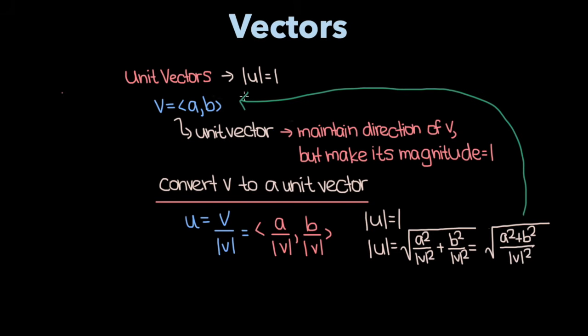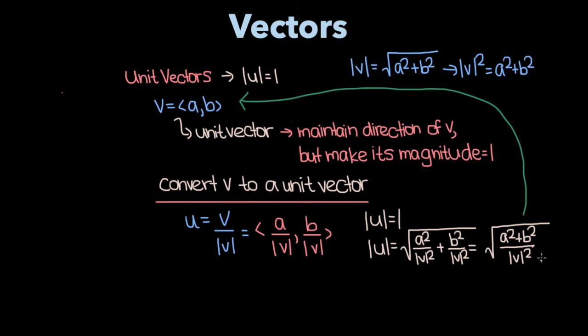And let's remember, v is the vector a comma b, so the magnitude of v is the square root of a squared plus b squared. We went over this earlier, right? And so if we square both sides, we get the magnitude of v squared equals a squared plus b squared.